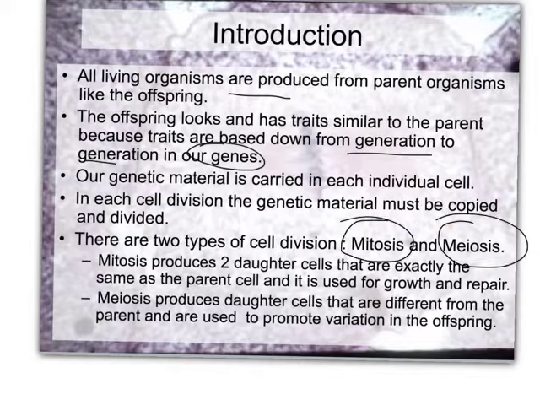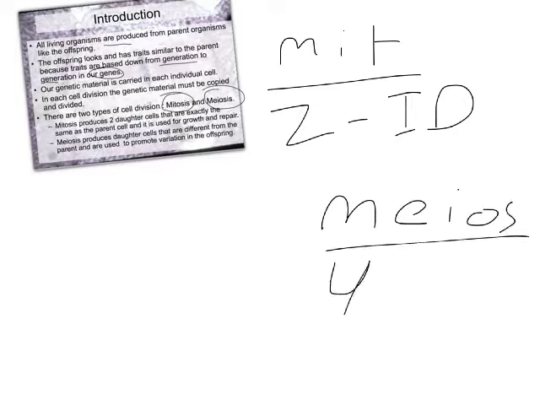Now, mitosis, a basic definition that you need to know, it's a process that produces two daughter cells that are identical. So with mitosis, you got to think about being identical. You get two, and they're identical to each other. Whereas meiosis, you'll see down here, you get four daughter cells, and they're very different from each other.